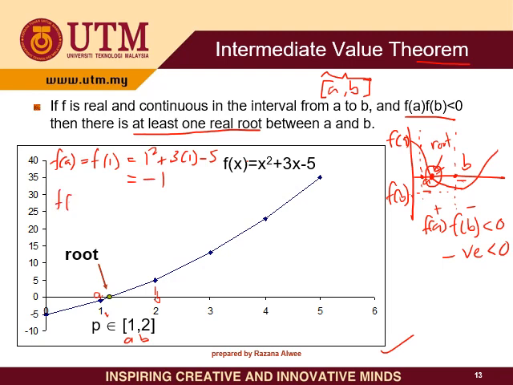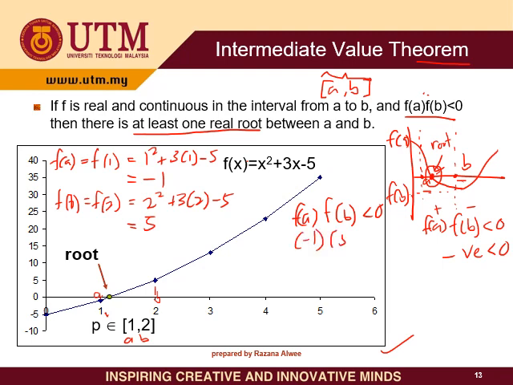What about our F(B)? F(2) equals 2 squared plus 3(2) minus 5. We will have 5, right? So if we have F(A) times F(B) less than 0 based on this theorem here, we know that F(A) is -1, F(B) is 5.